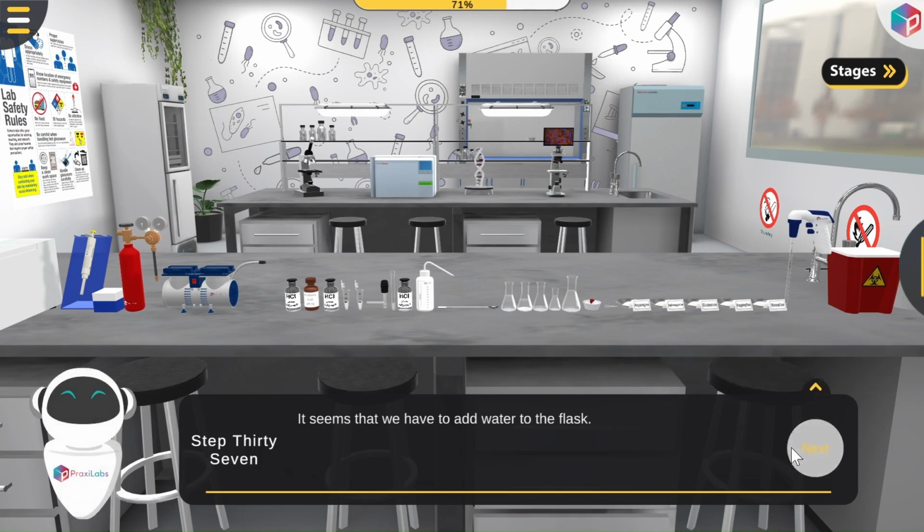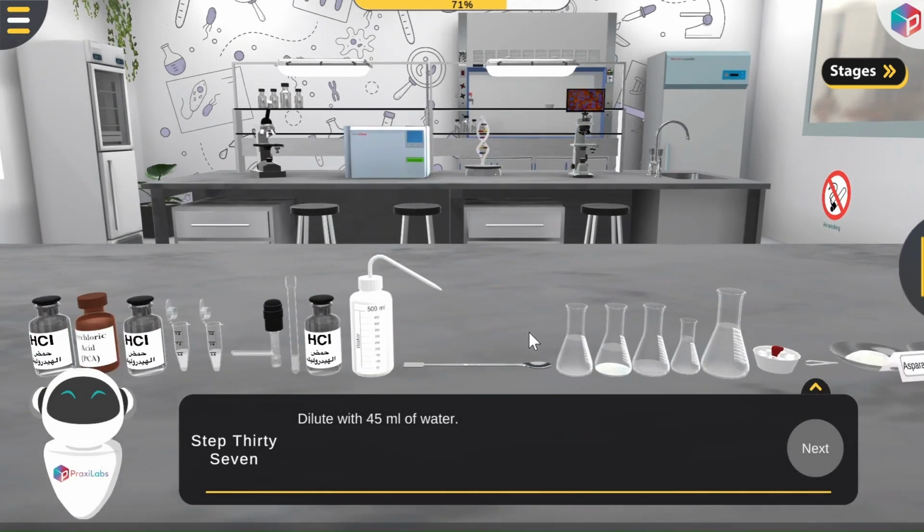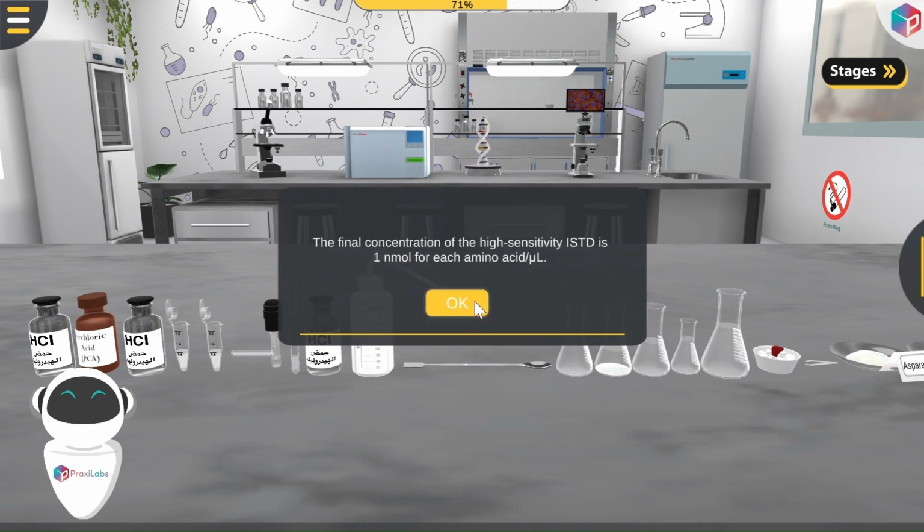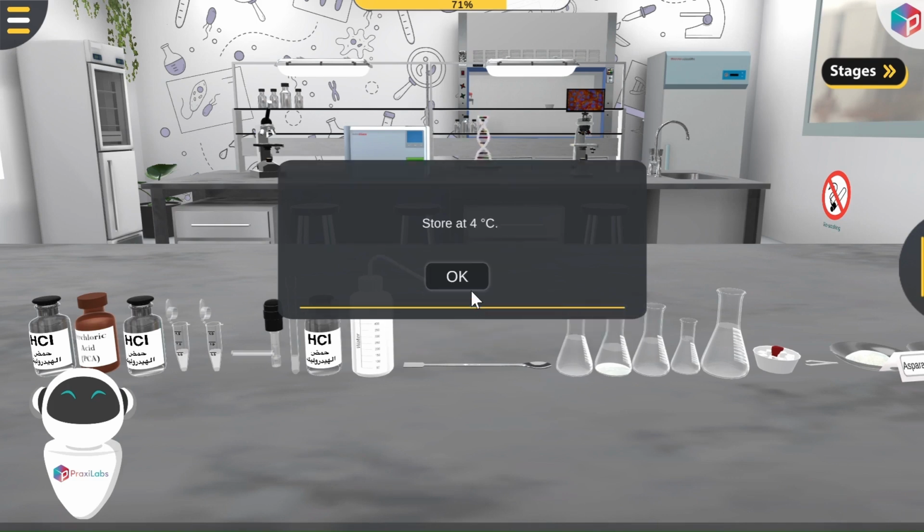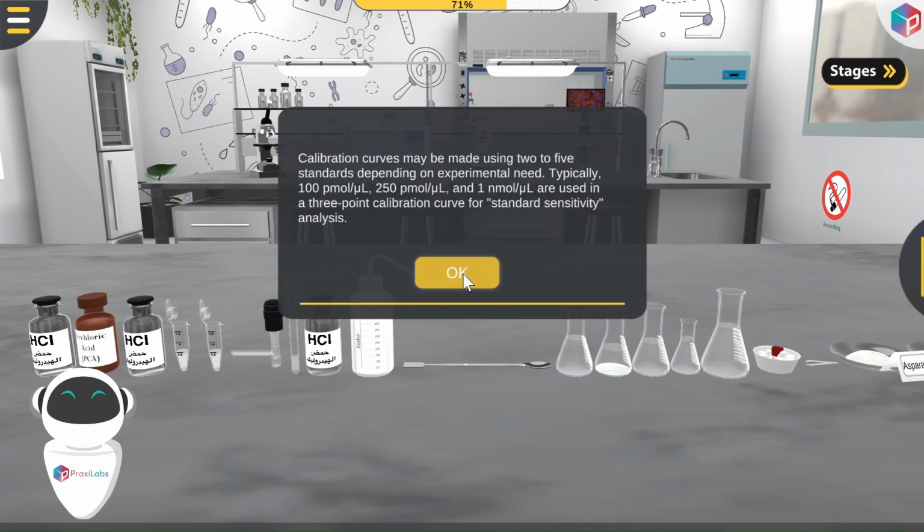Step 37. Dilute with 45 milliliters of water. The final concentration is now 1 nanomole per microliter for each amino acid. Store at 4 degrees Celsius.